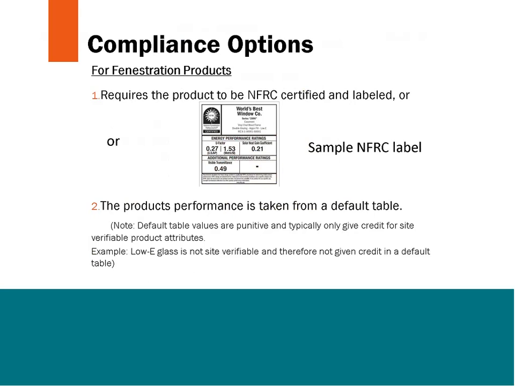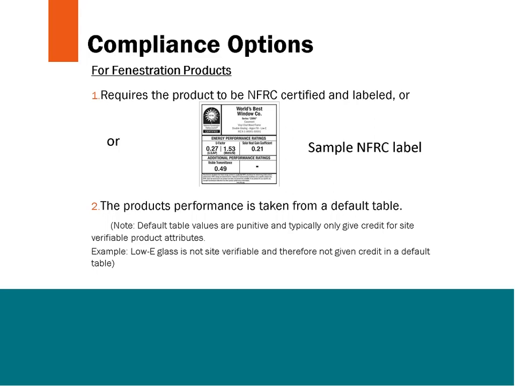So some of our compliance options, with regards to requiring each of the products to have an NFRC certified label, where the product's performance is taken into consideration from a default table. The IECC requires the fenestration product be NFRC certified and labeled.